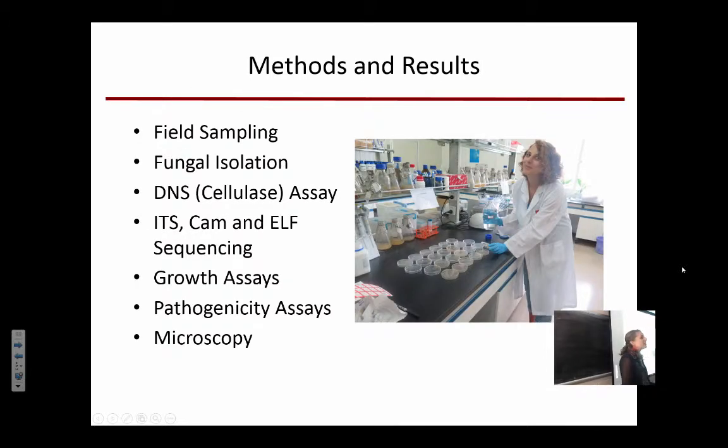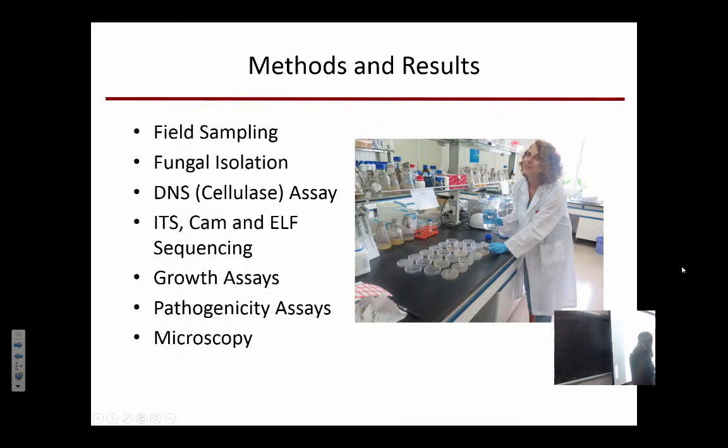So how did I do this? I went out to the field, I did some sampling for diseased plants, I isolated the fungi. I then did a dinitrosalicylic acid-based enzyme assay to detect both mono and disaccharide sugars in the solution. I did ITS sequencing of the fungi that I had collected, as well as calmodulin and elongation factor sequencing for the putative causal agent.